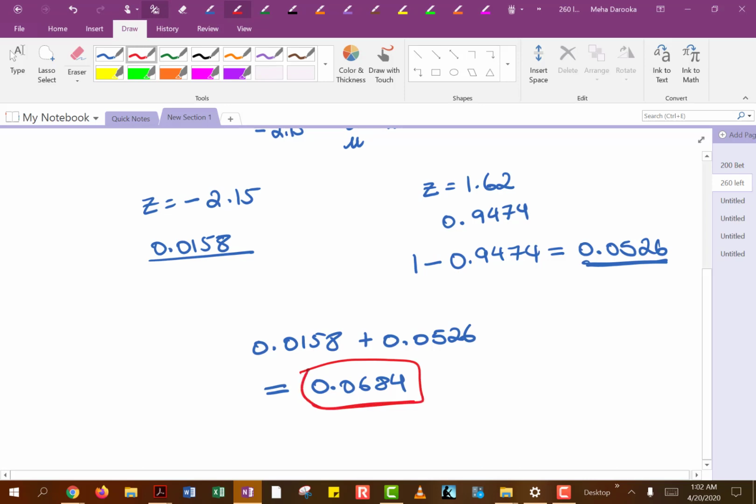And this will be our total area, which is to the left of z equals negative 2.15 and to the right of the z-score of 1.62.